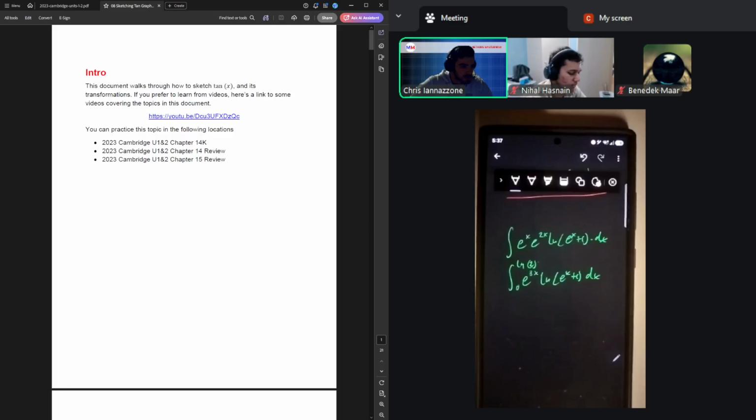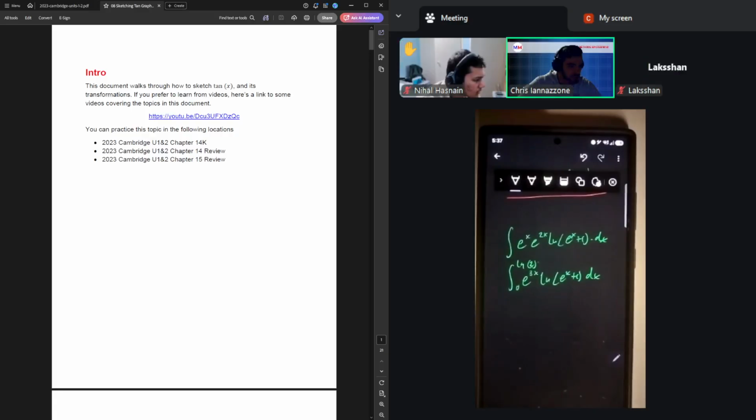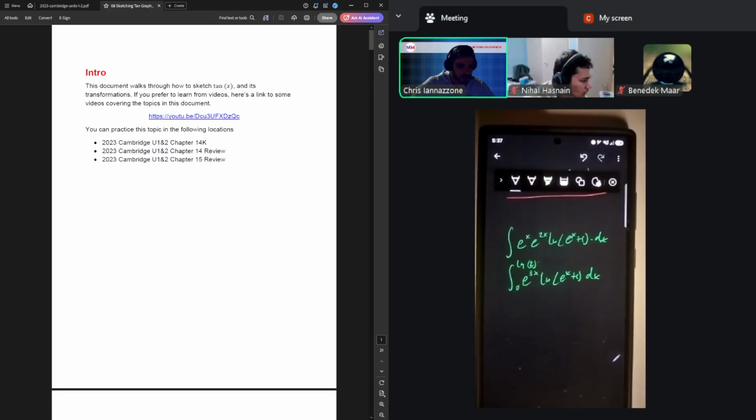Let's see, where do we go from here? Natural log x, we can bring that down. Anyhow, so this is supposed to be an integration by recognition question? That's what I'm sort of assuming, based off of the sequence of questions.